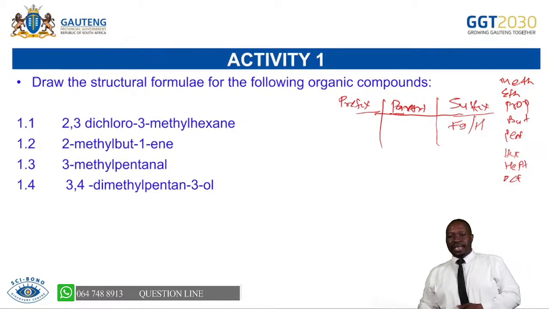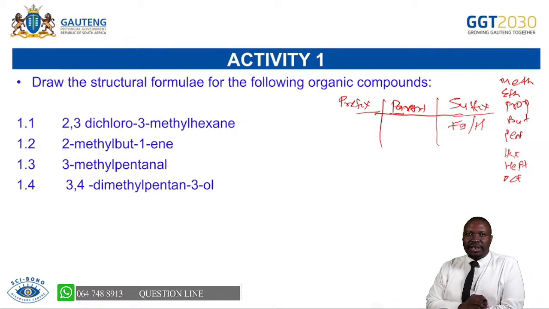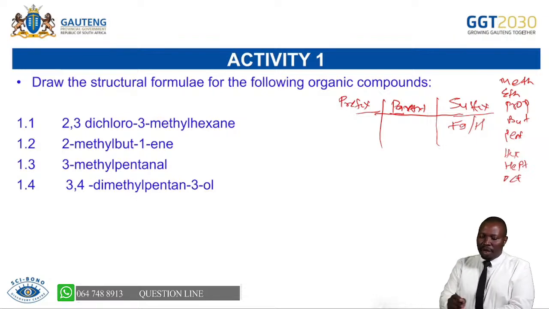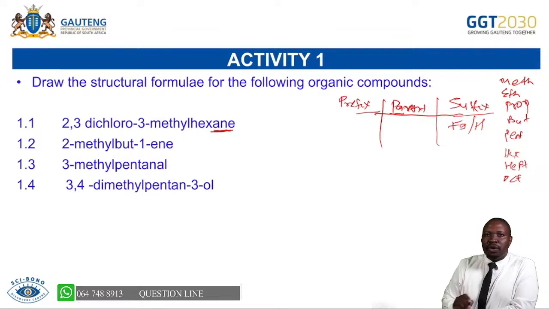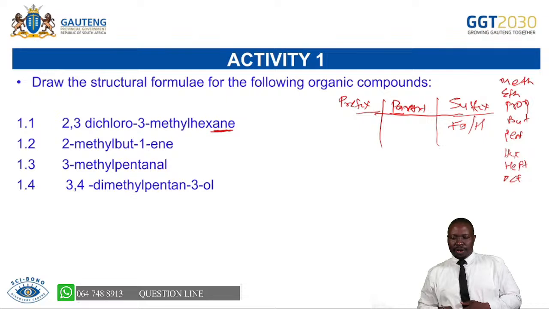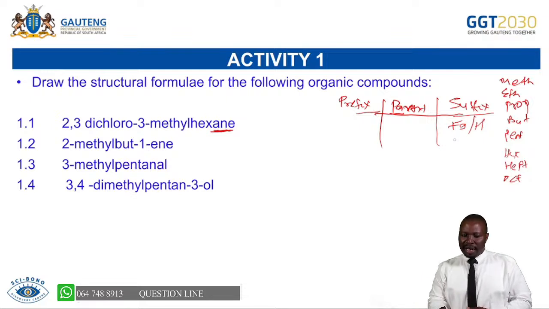So I think you got that, and we're going to draw the structures following the same method, because this is going to make it much easier for us. Now, without wasting time, you see that this is an alkane, because the ane there is showing you that the homologous series is alkane.